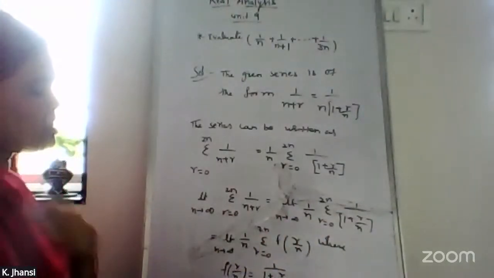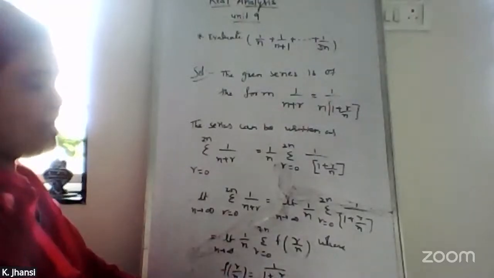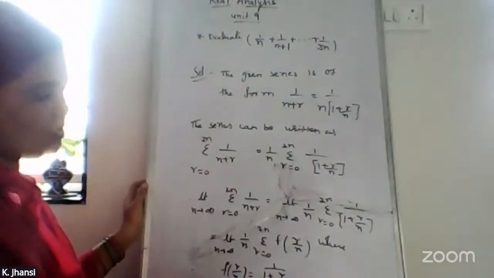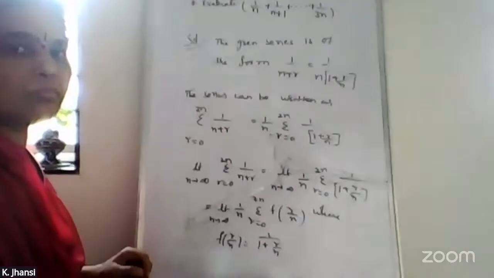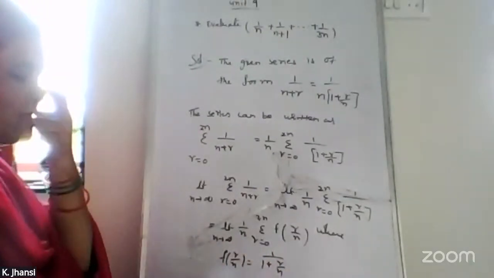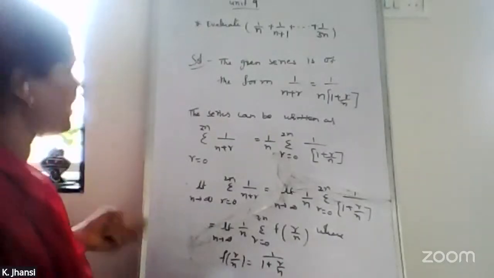Here r by n we take as the x value. Whatever r by n is, that value we take as x.